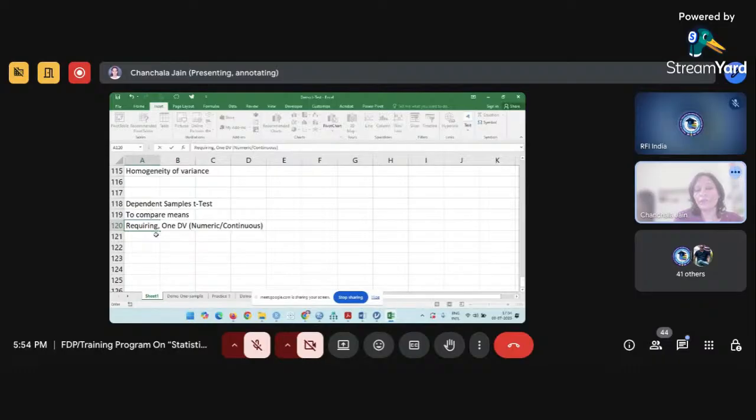But how will you compare when I have only a single variable available? With a single variable, I can get only a single mean, and I need to compare means. So in that case, the condition says you need to measure DV twice.